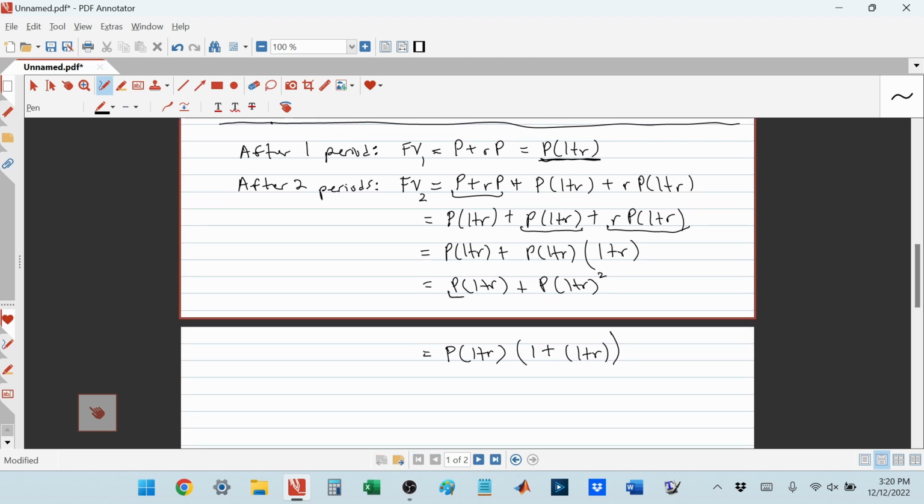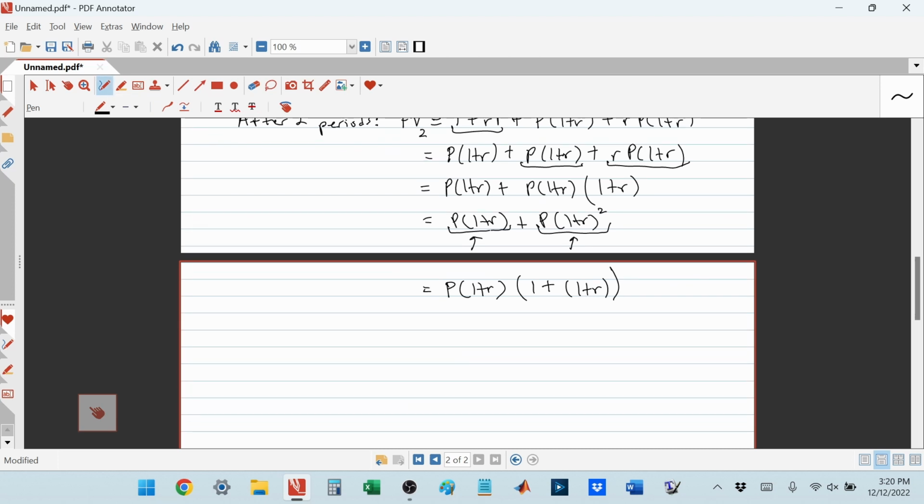What's common to these two terms? Simply this term. Pull it out, and then multiply this by 1, that gives this term, and then multiply this by 1 plus R, and that gives this term. So after 2 periods, our account is worth this much.